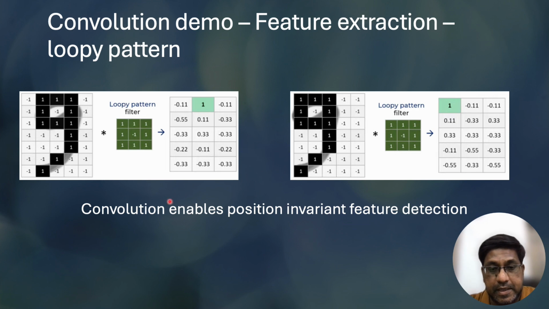So we clearly see that the convolution operation enables us to get the features in the input image irrespective of where that feature is present. So we say that convolution enables position invariant feature detection within the input image.